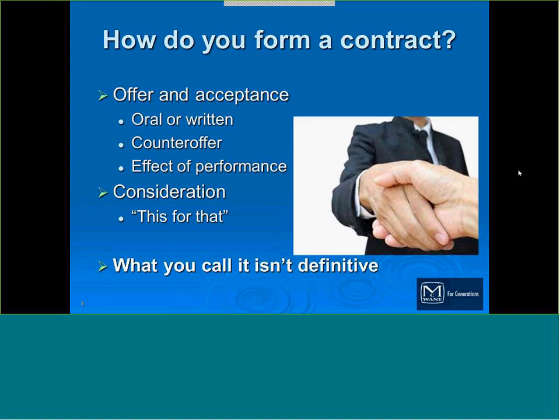Those are all names for contracts that we run across frequently. What happens a lot of times in contracts for sale and purchase, which are the majority of the contracts that our companies use, is that a customer, we'll give that example, will send a purchase order and say, I want to buy so much of our goods for so much money.